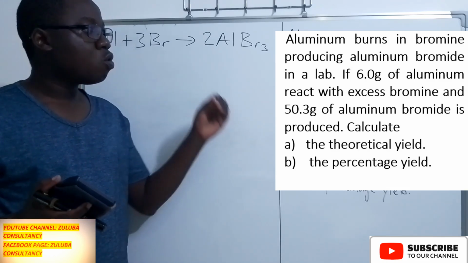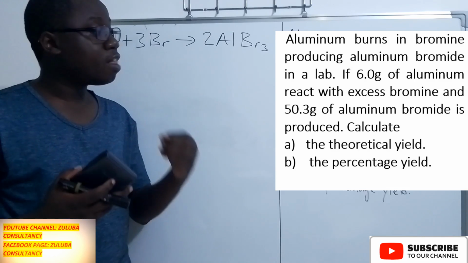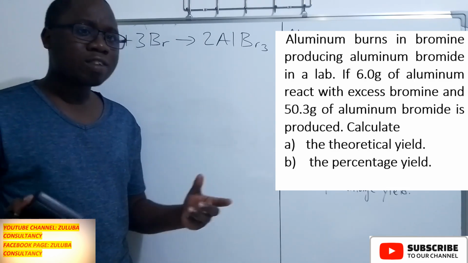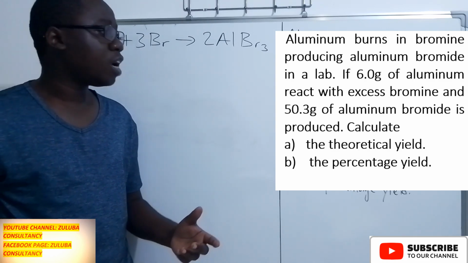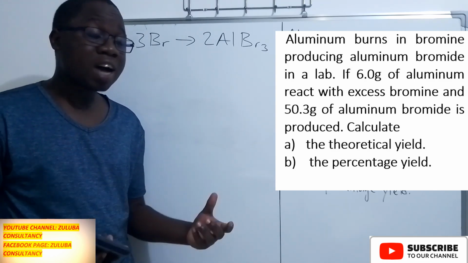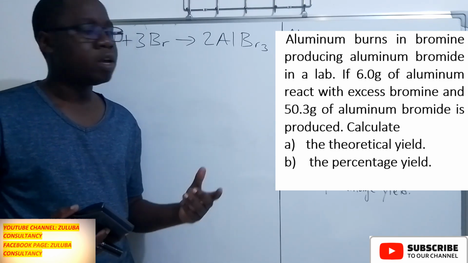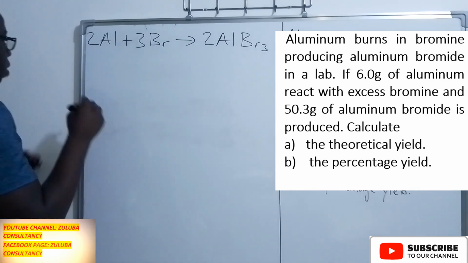So aluminium will be consumed first in this reaction. Once again, there is no need of identifying which one is the limiting reagent, and it's for this reason we have not been given the mass of bromine. So let's see the number of moles of aluminium available.